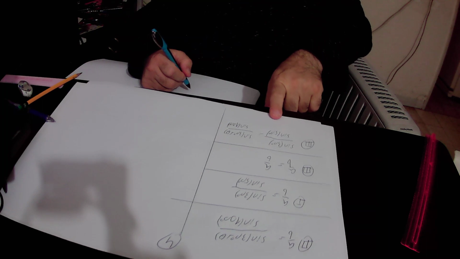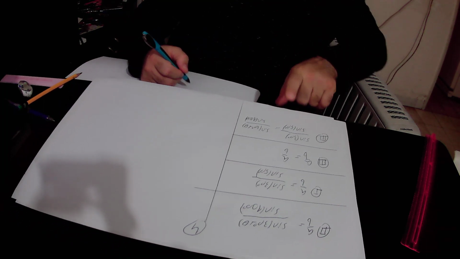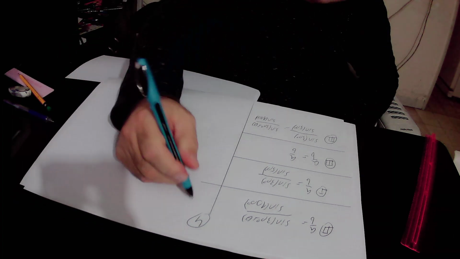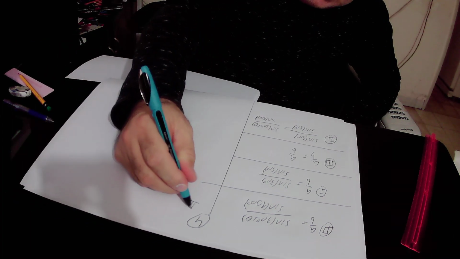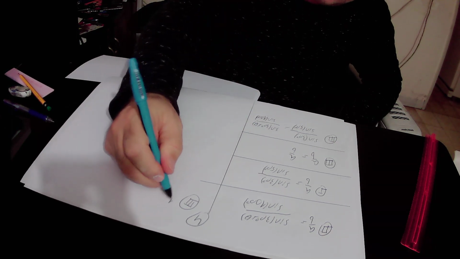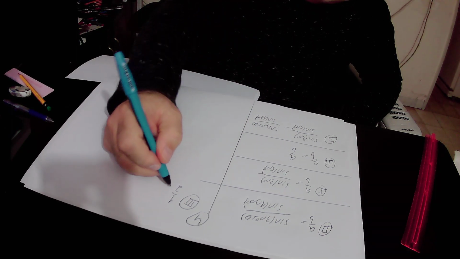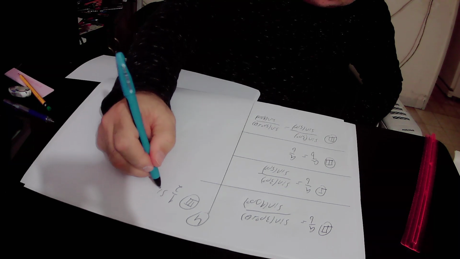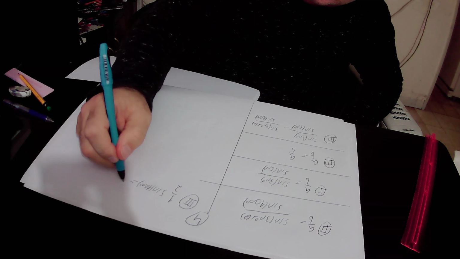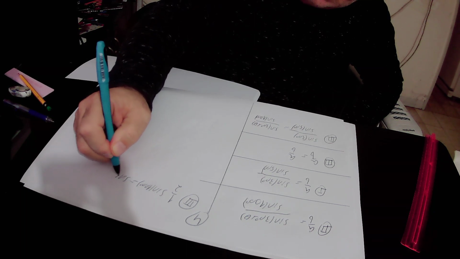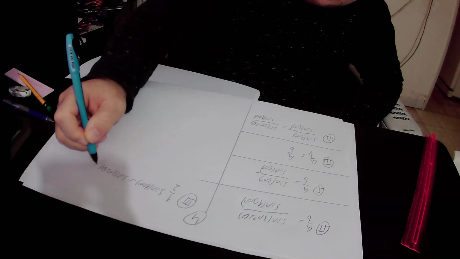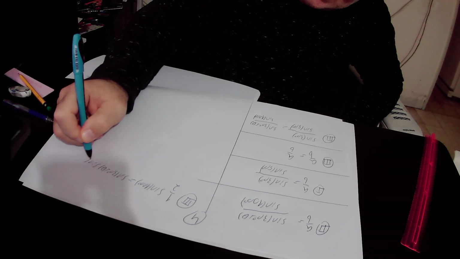Here we will cross multiply this equation, equation number 3, and we will get that sine 30 degrees, which is 1 over 2, times sine 100 degrees equals sine 30 degrees plus theta times sine 50 degrees.